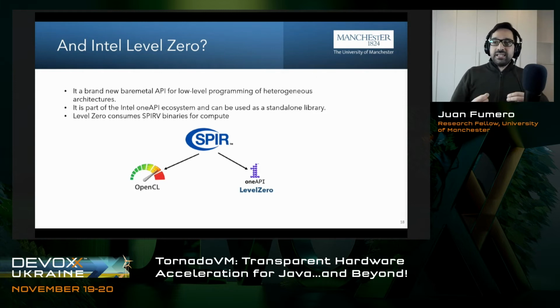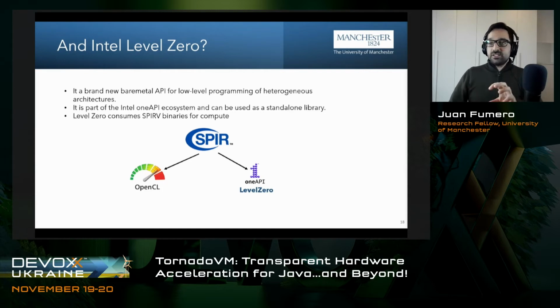But that API gives us lower level features than other approaches. And since we started the project with Intel, at the time we started, this was very recent, very new. So we actually took the approach, okay, let's do it with Level Zero and see what we get.